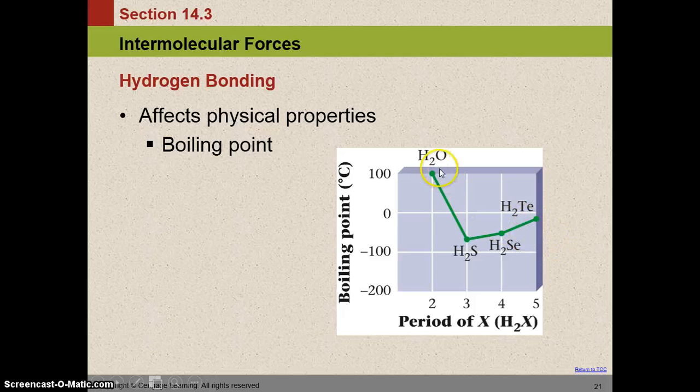Oxygen is much more electronegative than the others, and you'll see a much stronger attraction to hydrogen's electrons, causing the hydrogen bonding to be much more in between the water molecules, and therefore you see a higher boiling point for water because it takes more energy, a higher temperature, to separate the molecules in the liquid form and get them away from each other to go to the gaseous state.